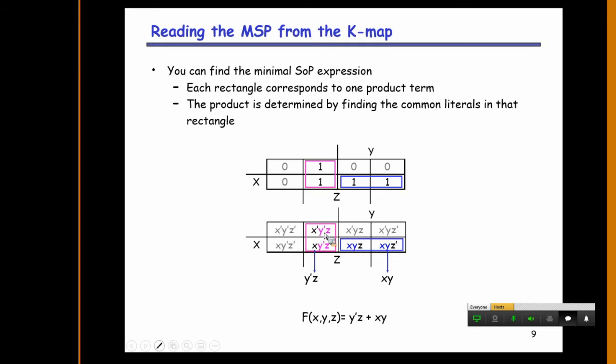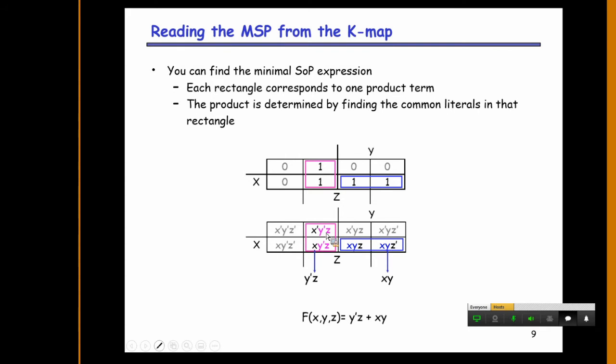In the M1 cell you have y bar, whereas in the M3 cell you have y. But x bar and z are common in both cells. Hence we have a difference of one variable, so M1 is adjacent to M3.